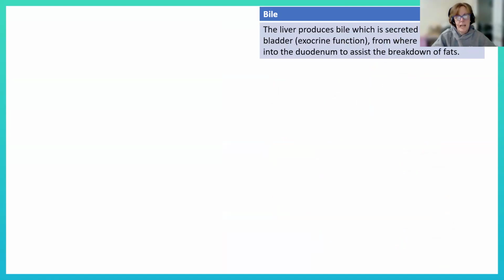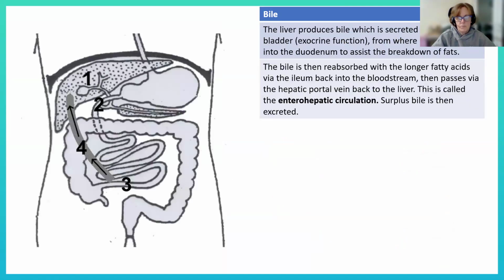So this is considered to be an exocrine function, which is to release something directly down a duct, rather than out into the blood. So liver, number one, bile, gallbladder is this little ball.